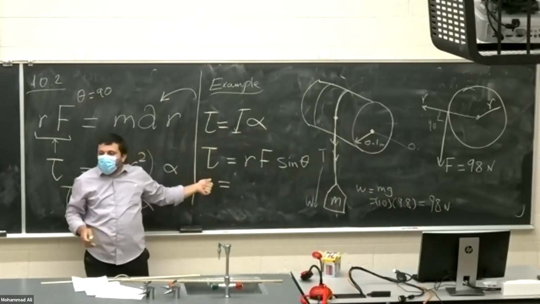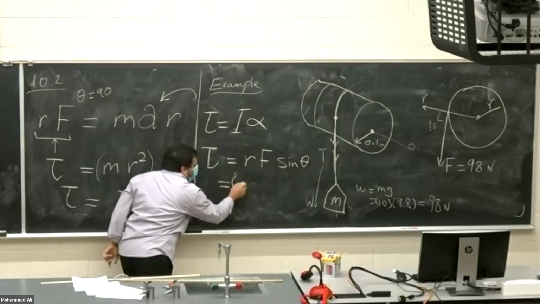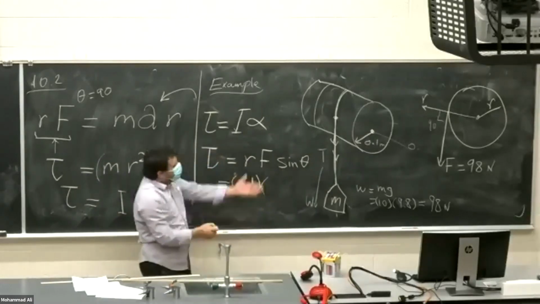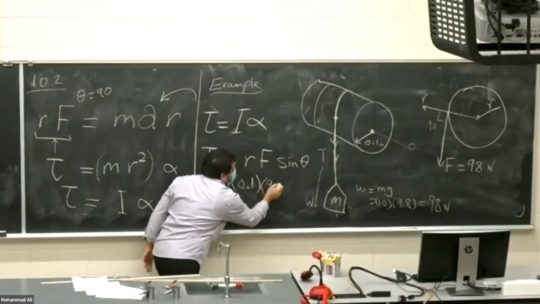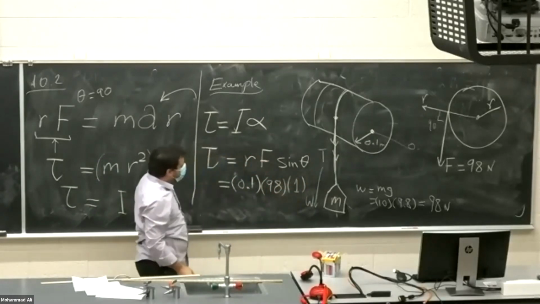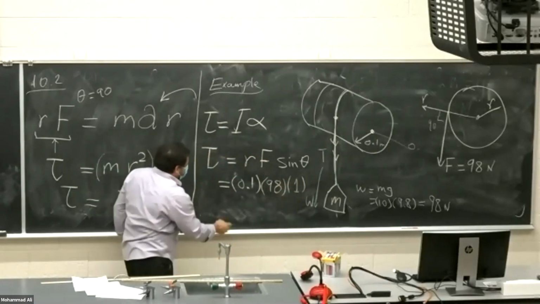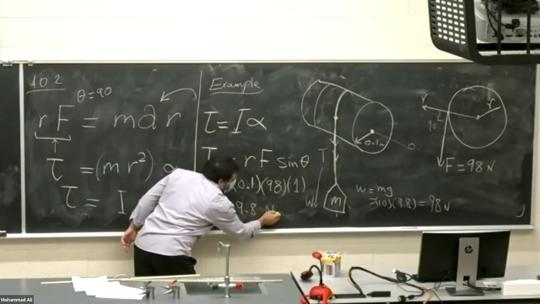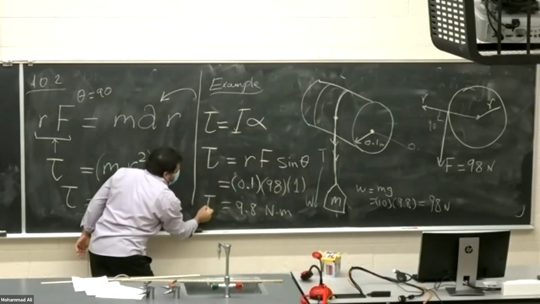But the second relation I can use because R is given. It is 0.1. F is given, 98. And sine theta is equal to 1. It is equal to 9.8 newton meters. This is the torque.